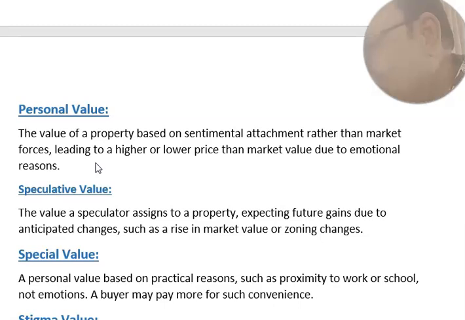The property owner was surprised: why buy the property, giving me more than the market value? Then Amitabh Bachchan said, you do not understand, because my mother worked in this house. So due to the sentiments of Amitabh Bachchan, whose mother worked there, that value is called personal value or sentimental value.